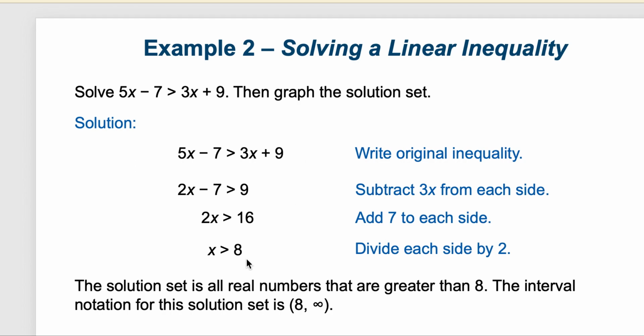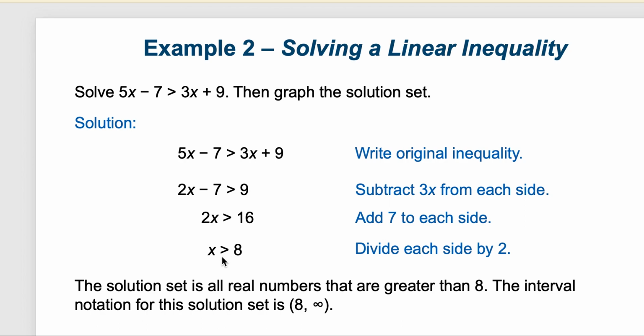Now, how can we write it in interval notation? So this is the inequality notation, right? And how can we write it in solution set interval notation? Our solution is all the real numbers greater than 8. So the number 8 and all the numbers greater than 8, up to infinity. So from 8 to infinity, that's our interval.